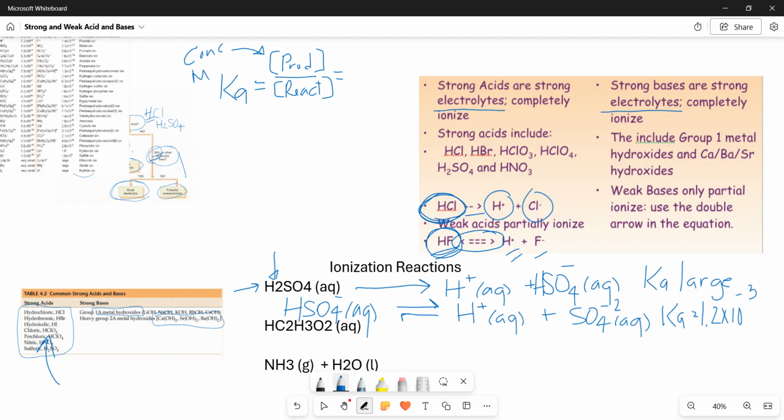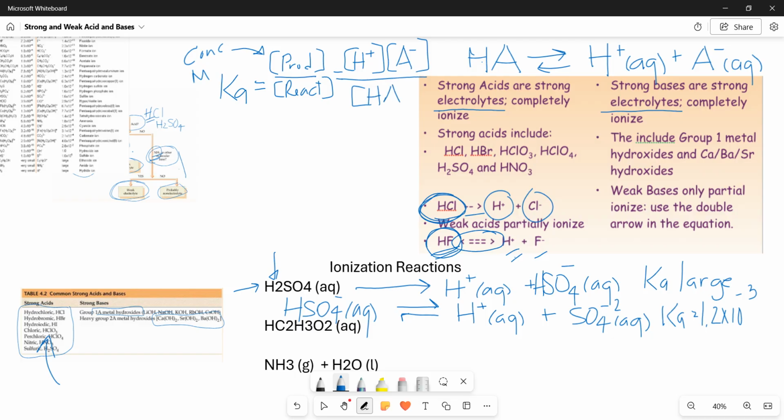If I have an acid, we'll generically call it HA, and it is partially dissociating, some of it is going to break into hydrogen ions and an anion that is A minus. So the formula is going to be H plus times A minus, those concentrations, all over HA.